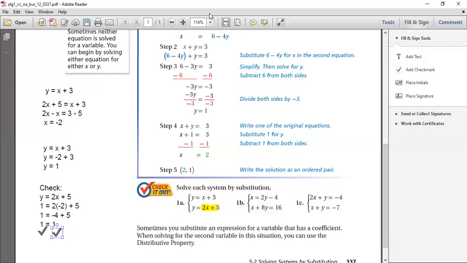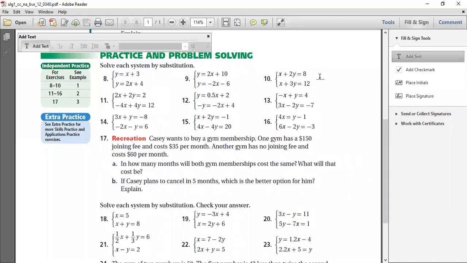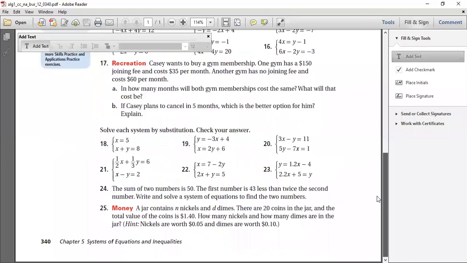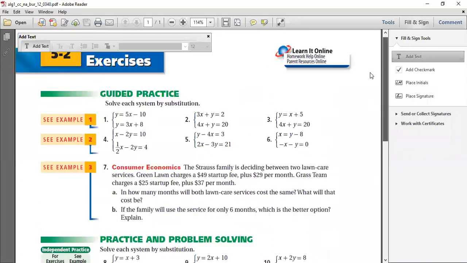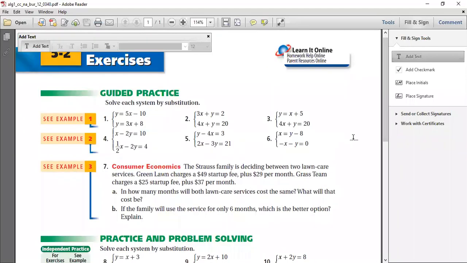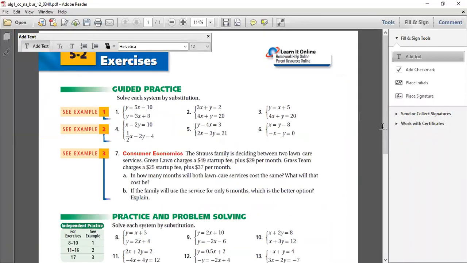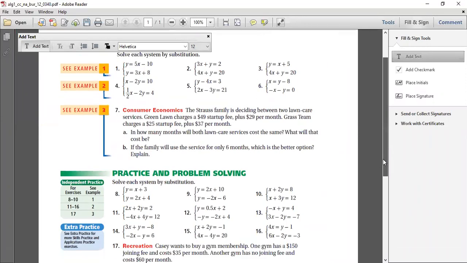Now, as homework, I just want you to do questions from page 340. I want you to do question number 1, 8 and 9 from the related classwork page, because I don't want you to touch homework yet.